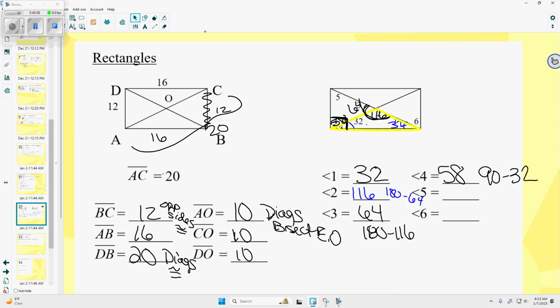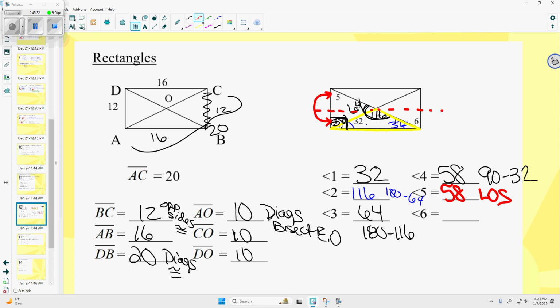All right, if that's 58, how much is angle 5? Fold the other way. How much does angle 5 have to be? 58. Line of symmetry. These two are the same.